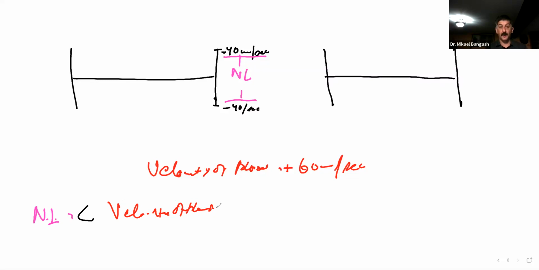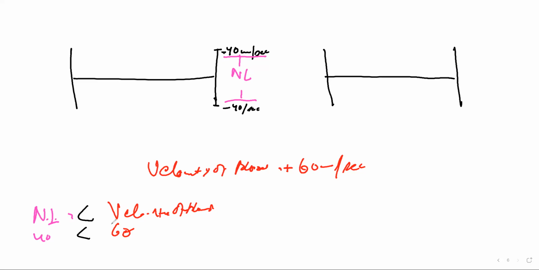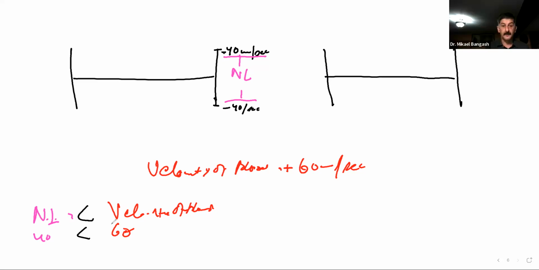I hope everybody can agree that 40 centimeters per second is less than 60 centimeters per second. So what could we say?